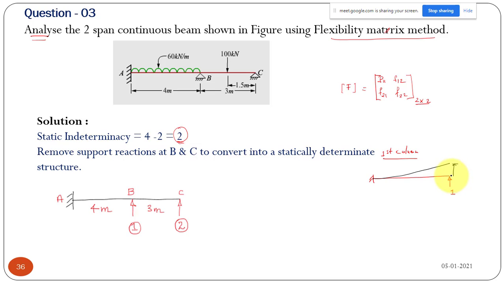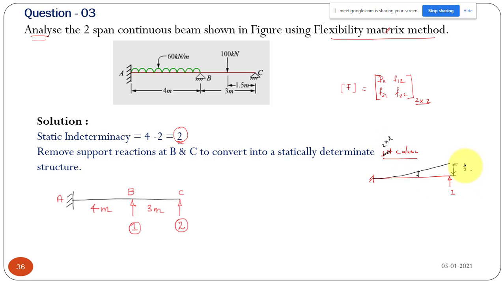This is homework, I will not be doing it. The deflection at the free end is simple: L cubed by 3EI. And what is the deflection at coordinate 2? Sorry, I am explaining the second column then. I applied the load here, so this is the second column, not the first column.